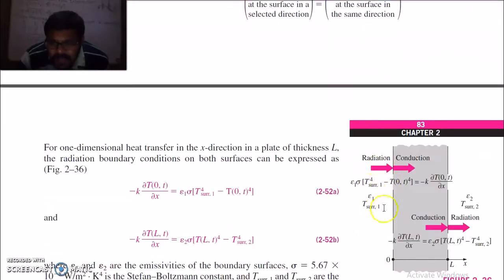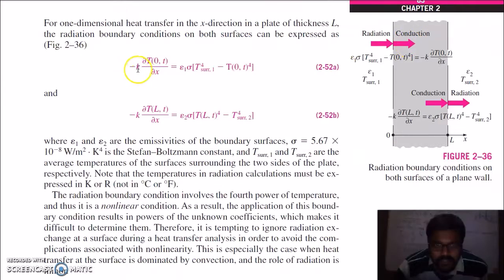So you can see in the absence of air, there is no convection. So radiation will come and the same amount of heat will be transferred through conduction from this wall. So this is one-dimensional heat transfer in the x direction, which is minus k del T(0, t) by del x, equal to this radiation, where emissivity is epsilon 1 at the boundary surface, sigma is the Stefan-Boltzmann constant, and the same for the second boundary.